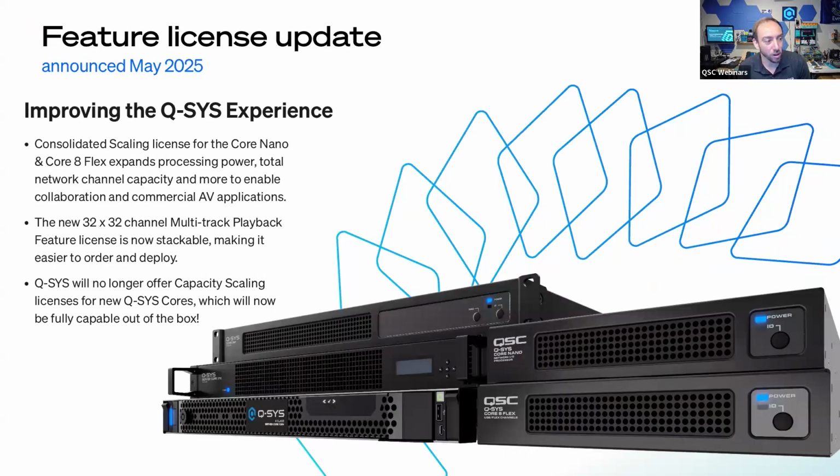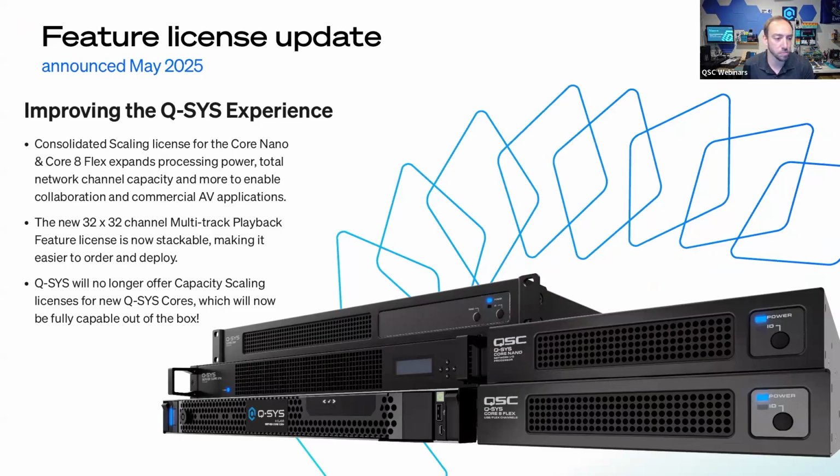And with that, we also consolidated the Core Nano and 8 Flex scaling licenses. So previously you had 2, the commercial and the collaboration bundles. We've gotten rid of those, and now it is the consolidated scaling license. It doubles network channel capacity, doubles AEC count, gives you more peripherals.